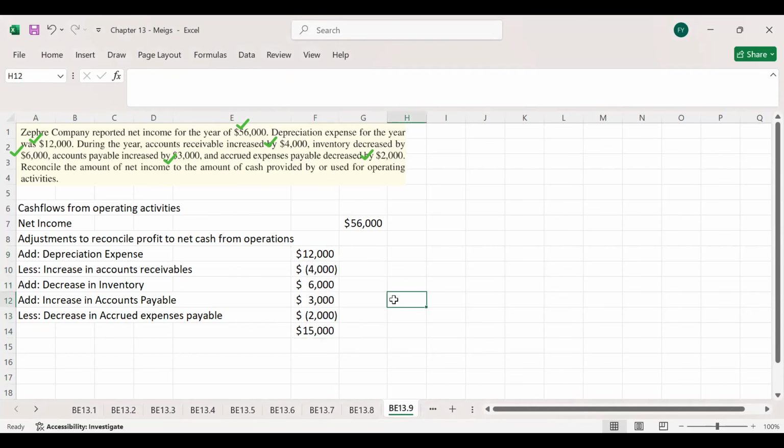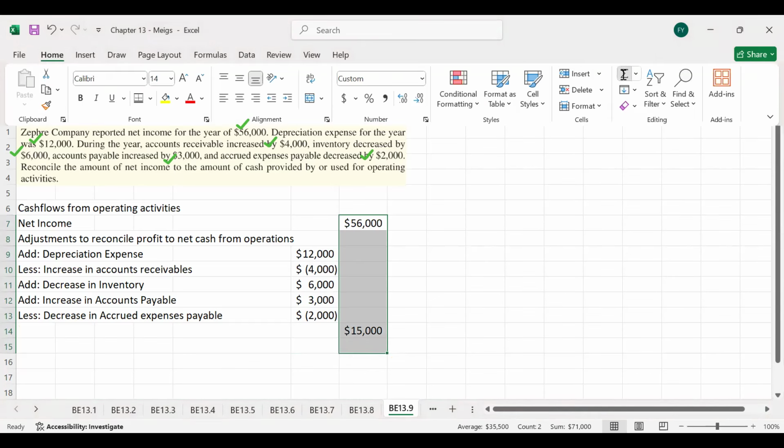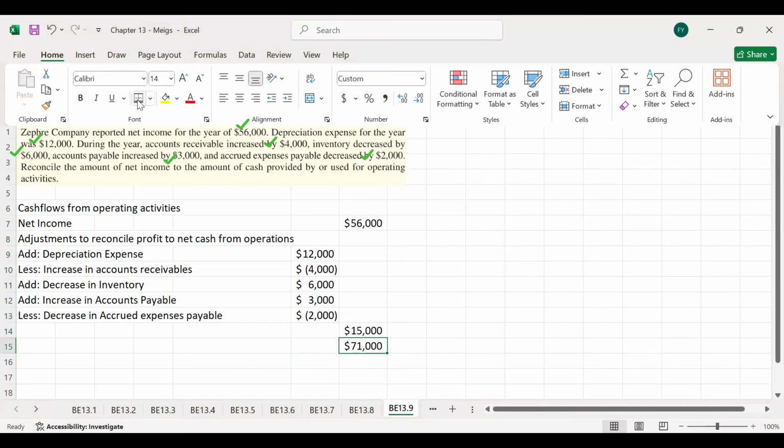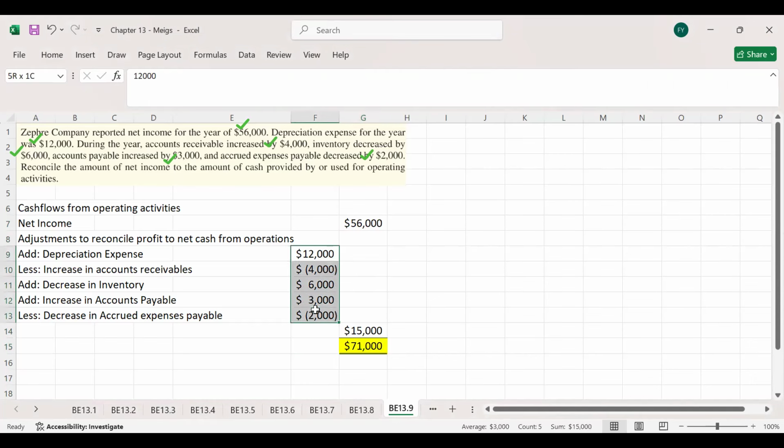The total increase or decrease is 15,000. So it is an increase, that's why it is positive. So the total adjustment amount is 15,000. And when we add it, the total amount would be 71,000. So this is your cash provided by operating activities.